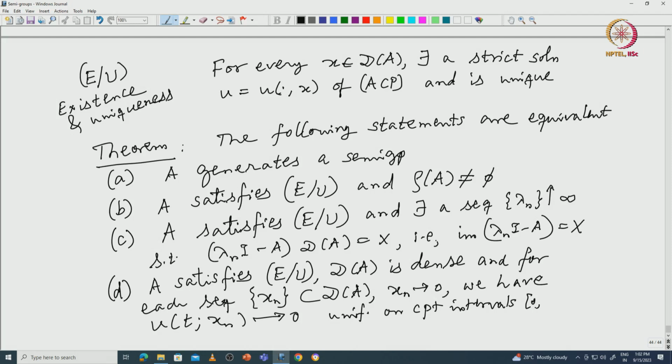So on each compact interval, this convergence should be uniform as n tends to infinity.